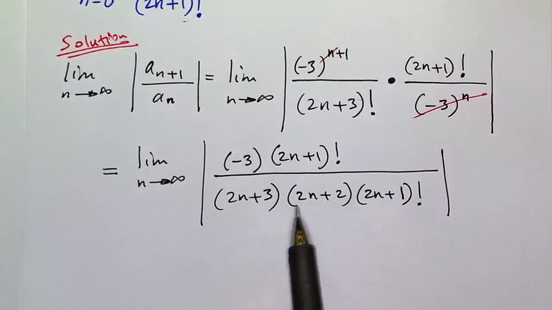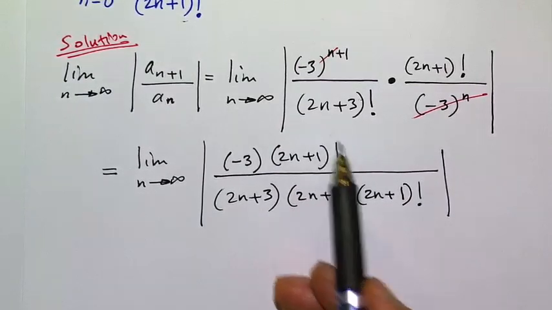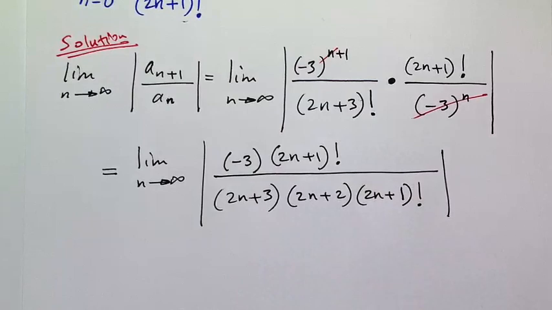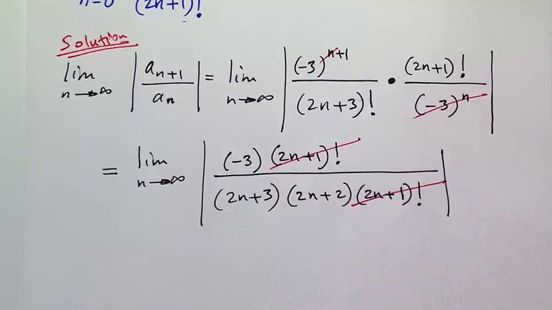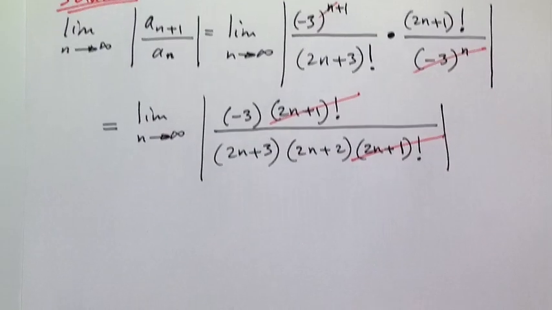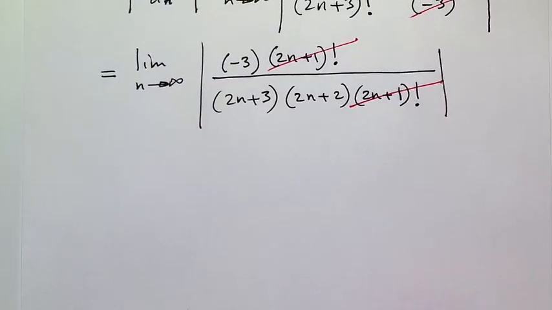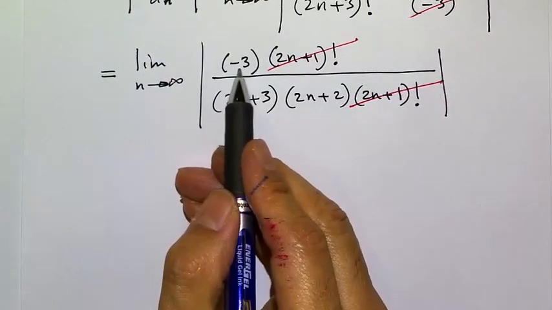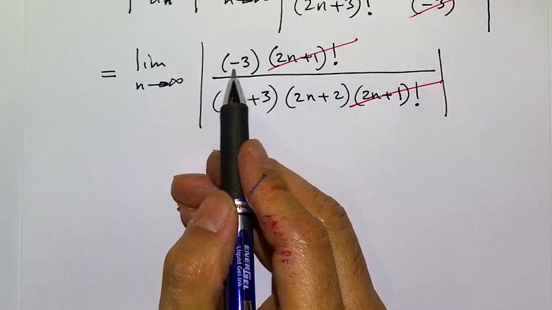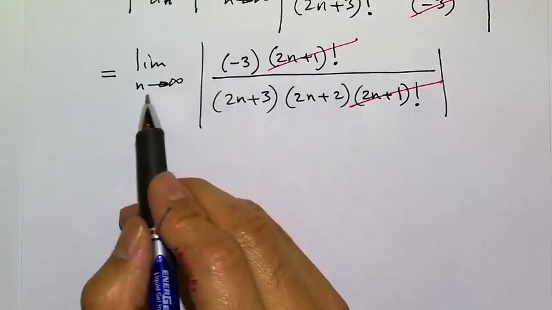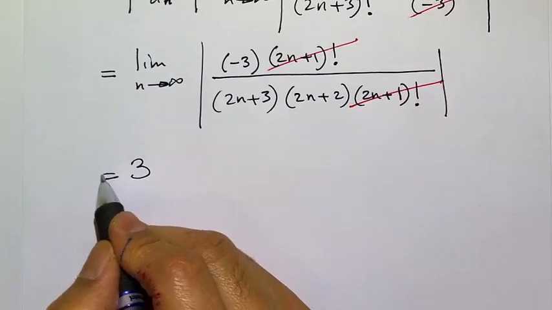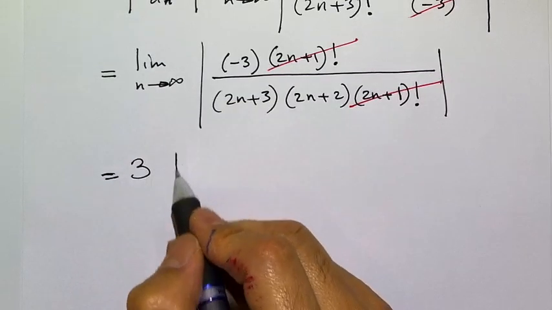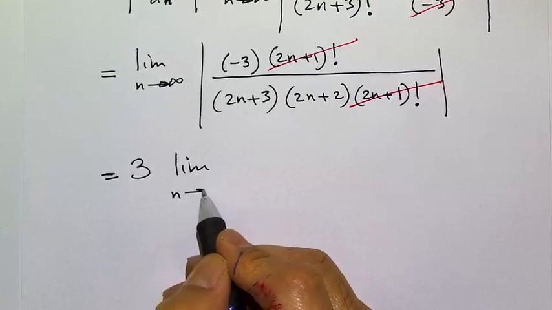If we get the first couple of terms of this factorial, this is what we get. But the nice thing is now these two factorial terms from numerator and denominator cancel out. We get a much simpler expression. Of course, we're going to bring this out because minus 3 has nothing to do with this limit. So we're just going to put it as a positive constant in front here.